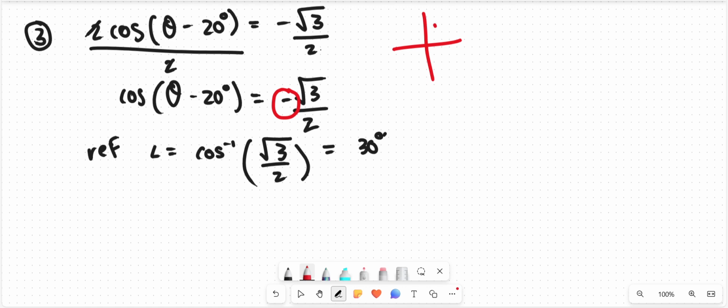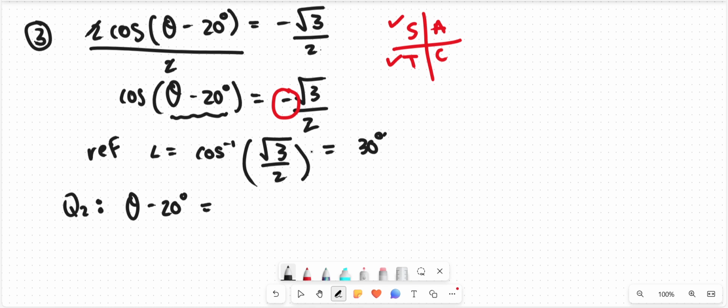So I look at my CAST diagram, and cos is negative in quadrant number 2 and quadrant number 3. So now we need the solution in each of those. If I'm in quad 2, then theta minus 20 degrees, the guy inside there, is equal to 180 minus my reference angle plus K360.